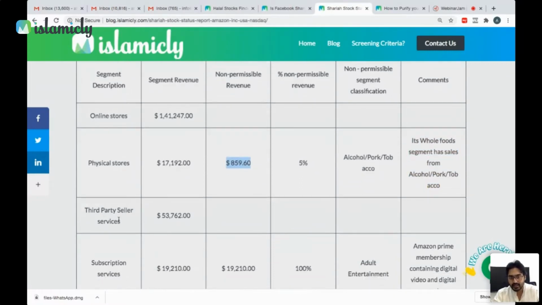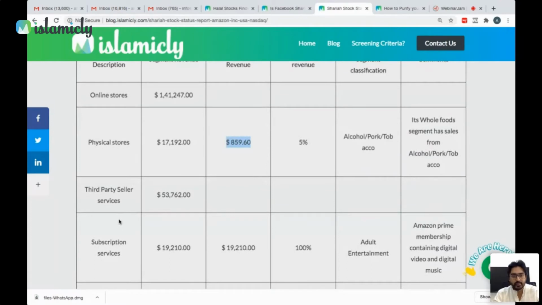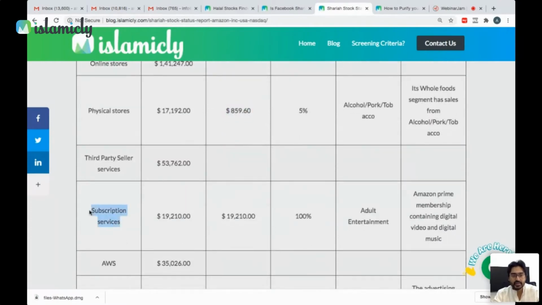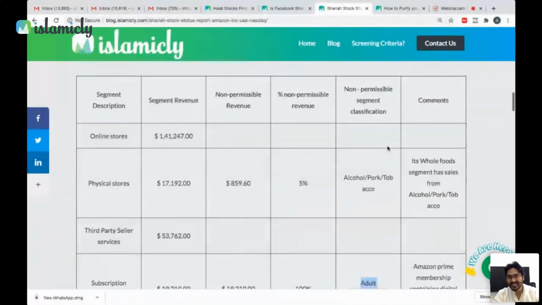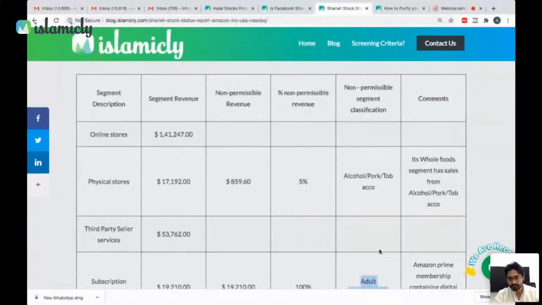The third-party seller services seems to be a compliant revenue activity. Then comes subscription services, from where the company gets $19,210 million. That is $19.2 billion. We believe all of this is non-compliant because we believe the bulk of the service is actually adult entertainment, which is the non-permissible income segment.